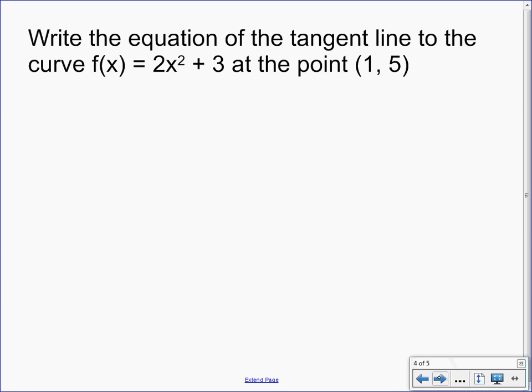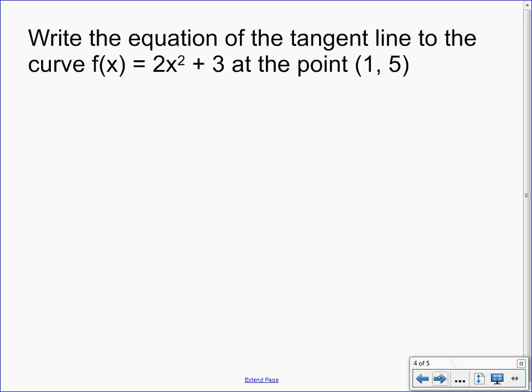All right, last type of problem. We've been talking about these tangent lines and we've been finding their slope, but we haven't actually written the equation for the line. So we're going to actually go through the process of writing the equation of the tangent line, not just finding the slope.